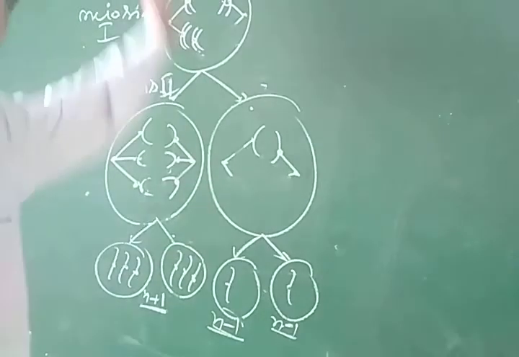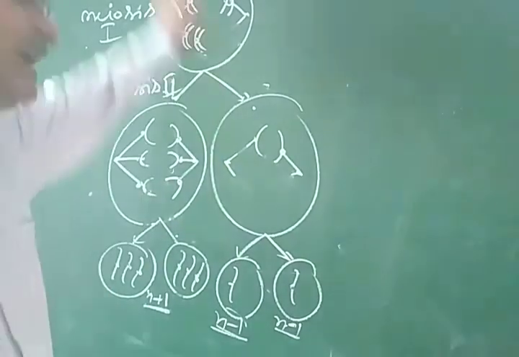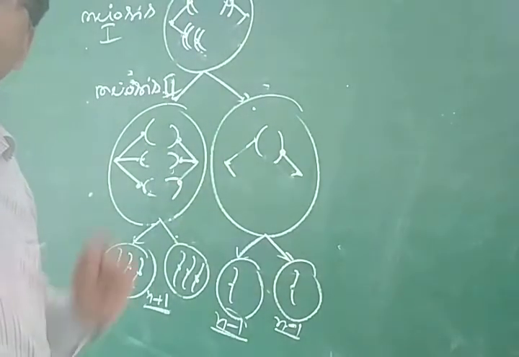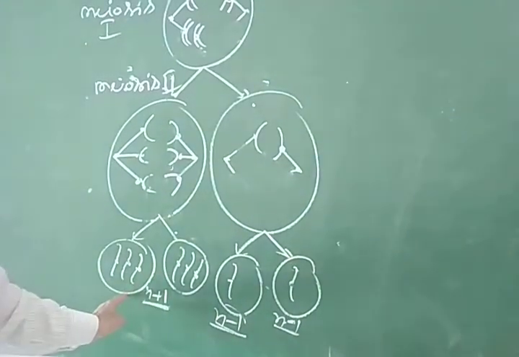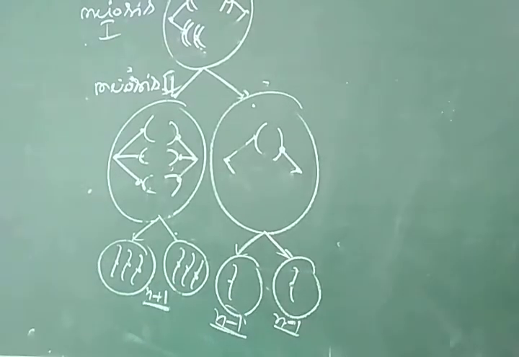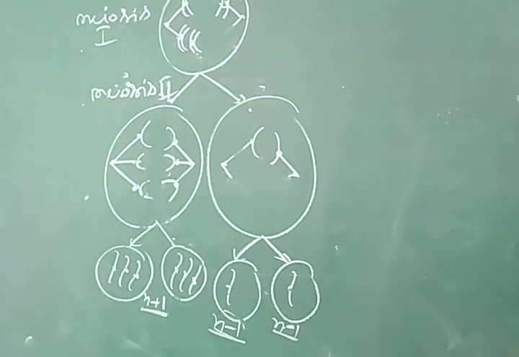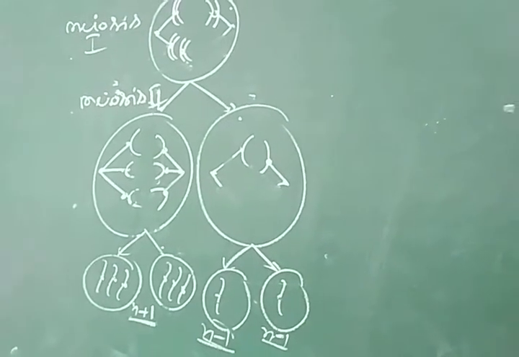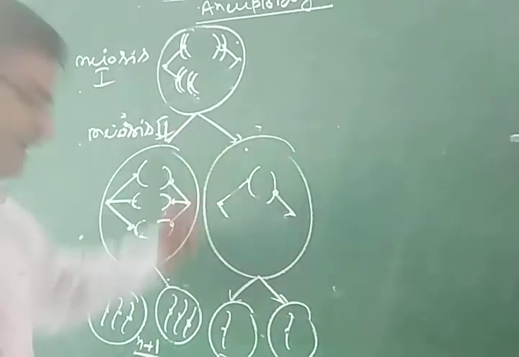Suppose if you are talking about the human being, a diploid cell contains 46 chromosomes. Their gametes should contain 23. But what will be the condition in these gametes? There will be 24 chromosomes in these gametes, and also 24 in these. And what will be the condition in these gametes? There will be 22 chromosomes. So this is one cause of aneuploidy.